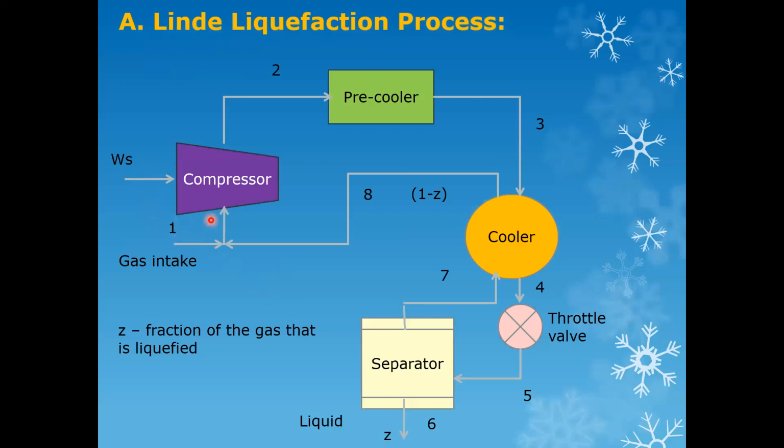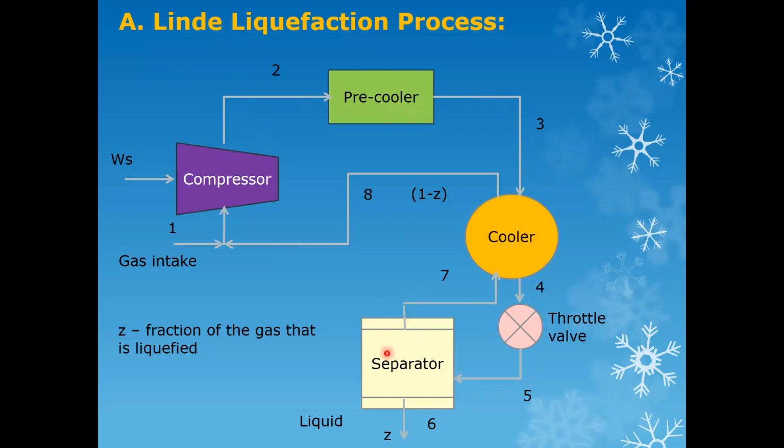We begin at the compressor, where work is done on the gas. We also input the gas here. Pre-cooling is done. Afterwards, the gas goes to the cooler, and then the throttle valve.